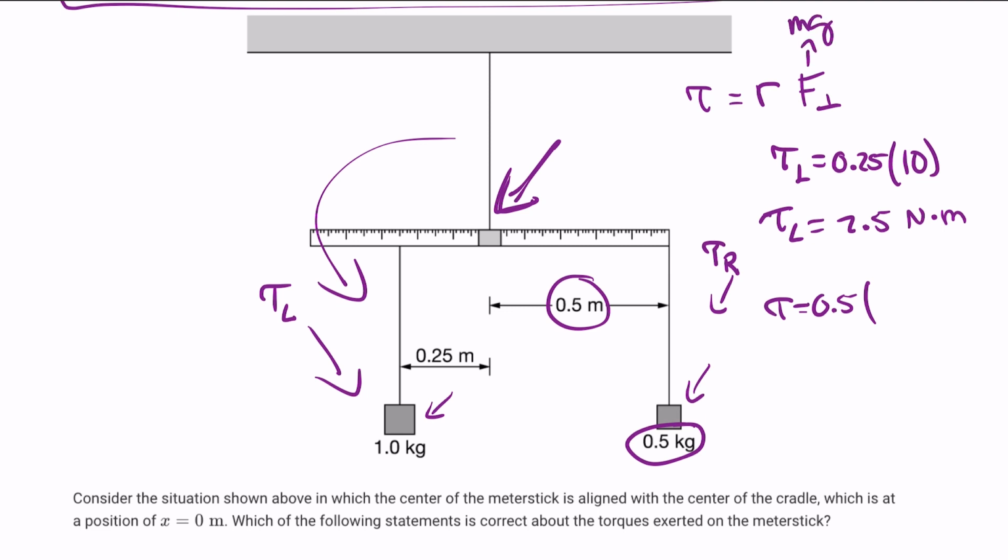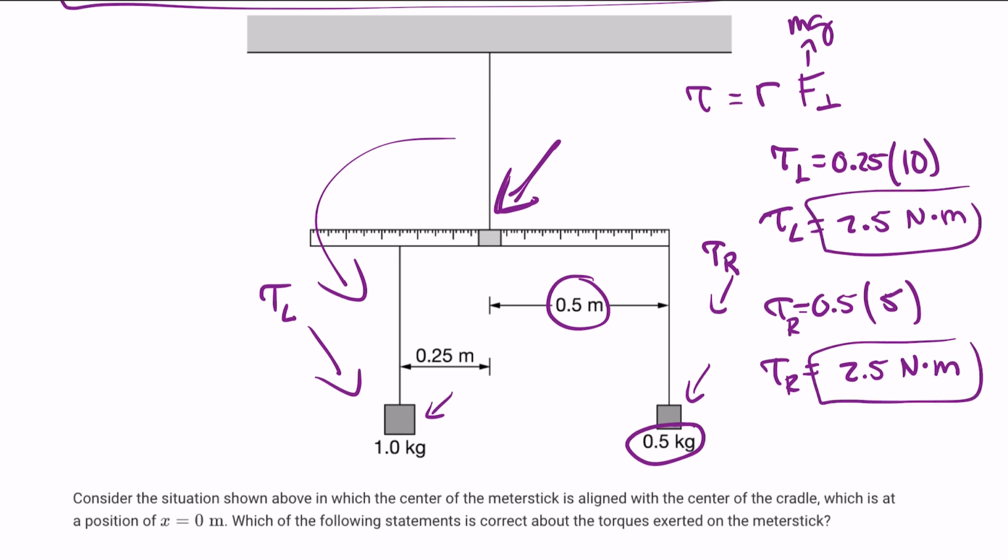We multiply that 0.5 by 10, and then we get 5 newtons. So that means that the torque generated by the right side is going to be 0.5 times 5, which is 2.5 Newton meters. Great. So what we've learned is that the torque generated on both sides here is 2.5 Newton meters.